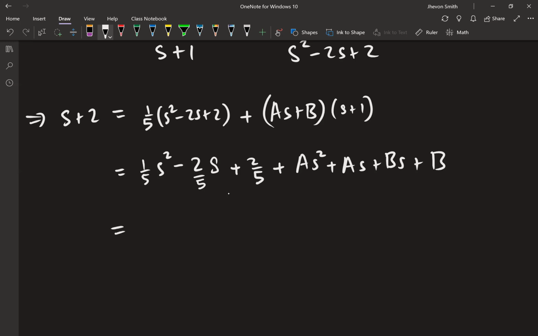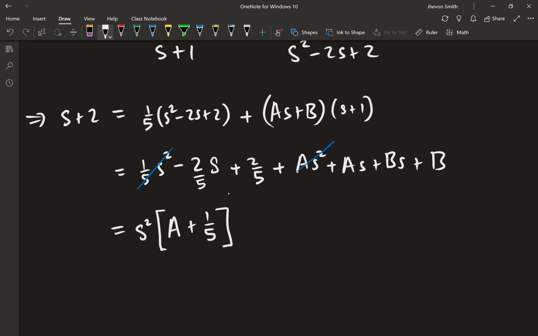And this is going to be equal to, group all the s squares, I would have a s squared plus 1/5 s squared.